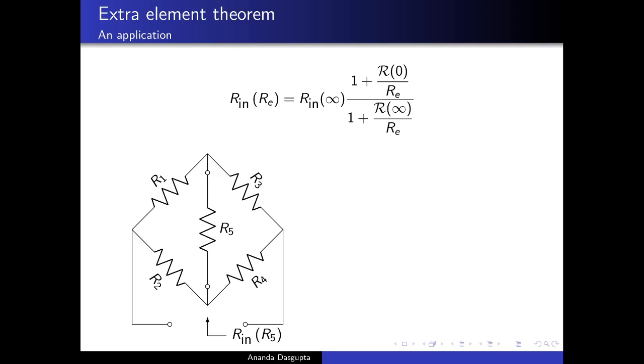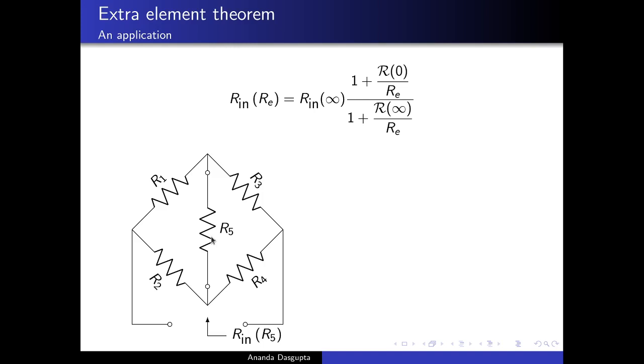Just to point out once again, what are the quantities that we need to do this calculation? We need Rin infinity, which is just remove the extra element and find out the input impedance. We also need curly R0, which is short the input, put a short between the input terminals, and find the effective impedance from where the extra element was.